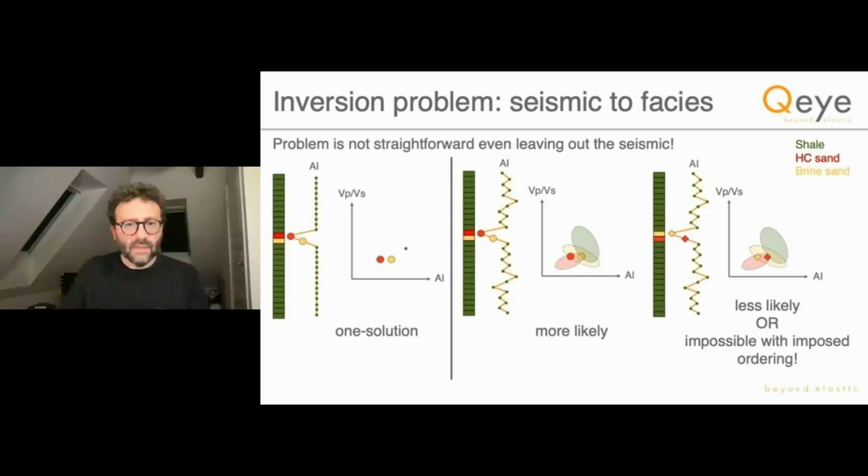If we just leave out seismic for a second and assume that we have the perfect wireline tool that provides us with elastic logs like AI, and we are to classify based on the elastic logs only. In this case, we have defined 3 phases: shale, hydrocarbon sand, and brine sand.